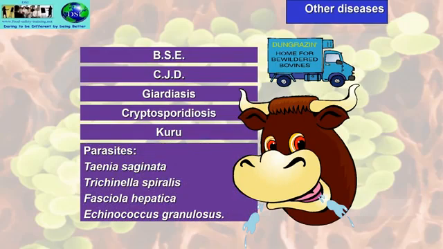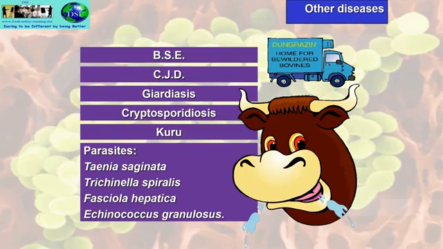Other parasites include Taenia saginata, we find a lot in beef. Trichinella spiralis, very common in pork, or used to be very common in pork, so never eat undercooked pork. You can eat things like undercooked steaks, beef steaks. You can eat undercooked game and lamb steaks, as long as it comes from a single joint or a single muscle.